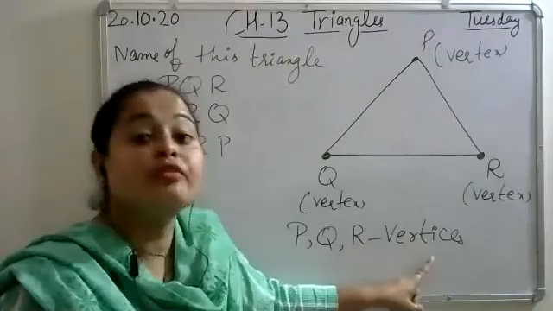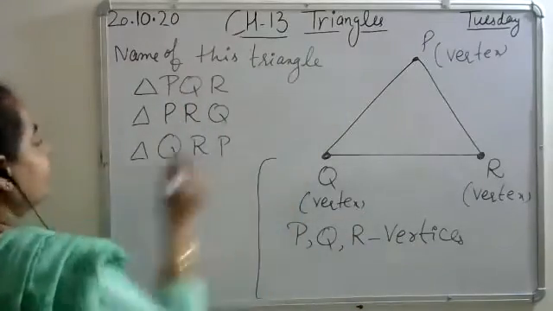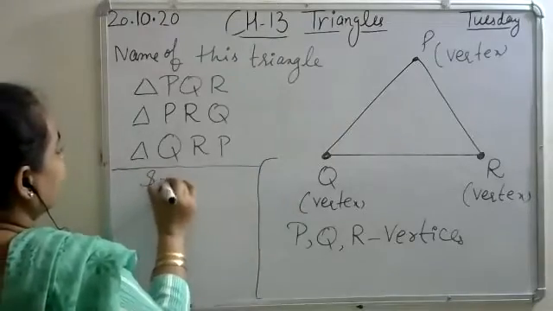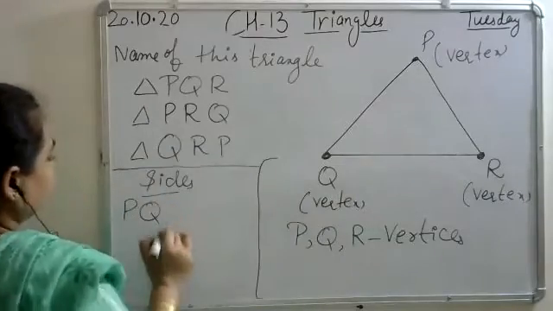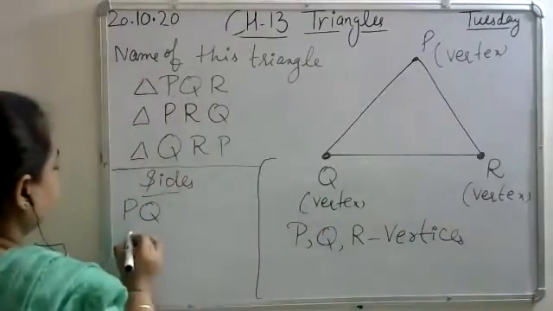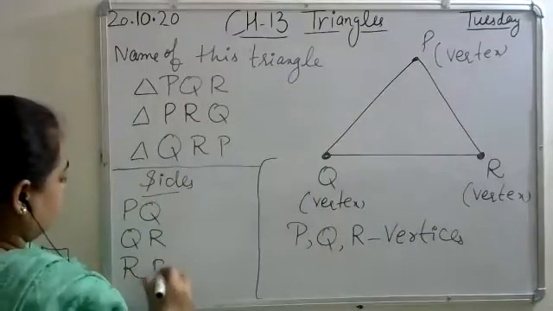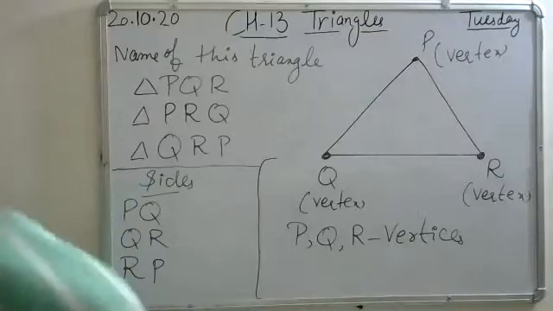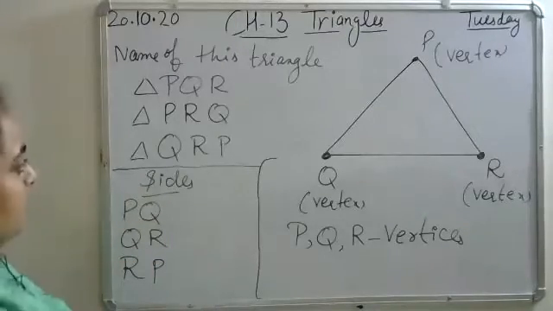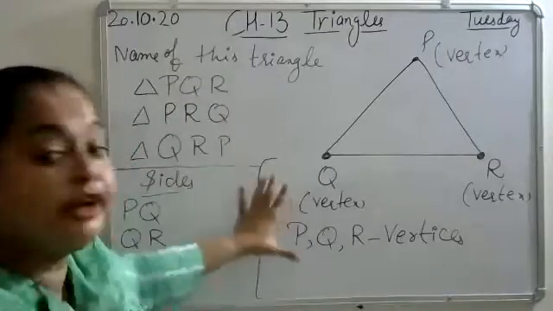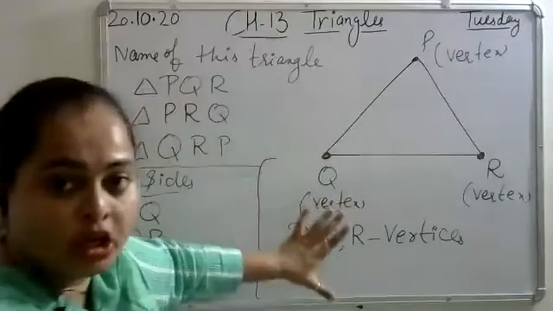P, Q, R are the vertices. This triangle has three sides: PQ, QR, RP. So we have three sides. Better note this down in your notebook. Start writing. I will give you time for writing.